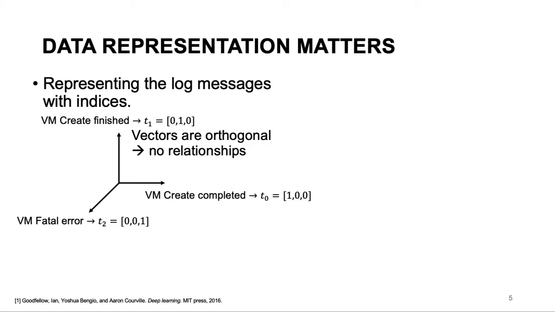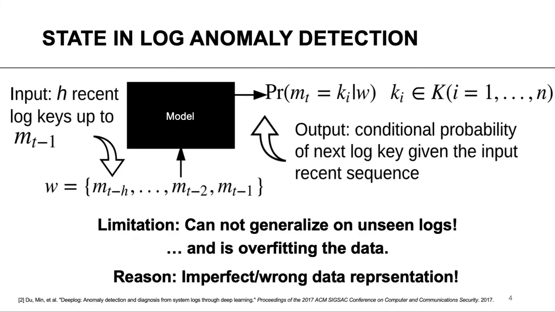However, in a perfect world, we want VM create finished and VM create completed to be close to each other as data points and to be far apart from the VM fatal error. Basically, to introduce some notion of meaning into the logs in order to generalize better.